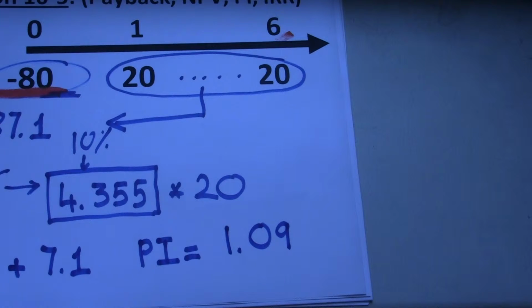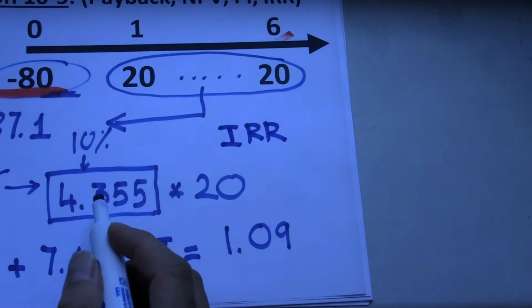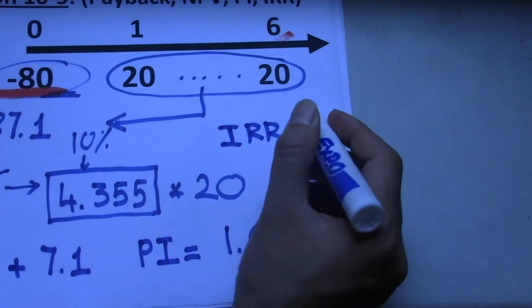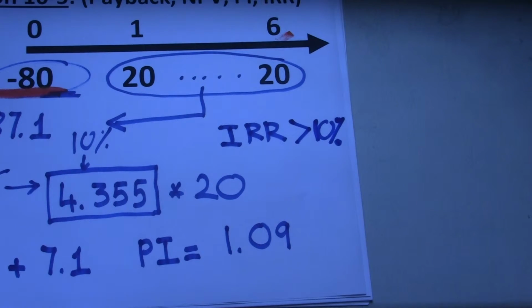Now, with the IRR, first of all, what we can say about the IRR is that it must be greater than 10%, of course. Why?